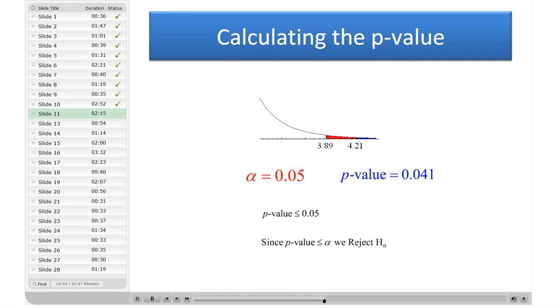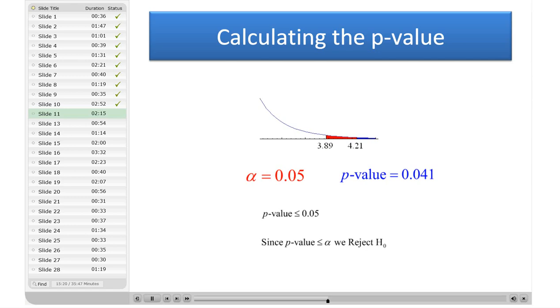Now, since that entire area to the right of 3.89 is 0.05, and since the blue area is contained within that, well, then we know that the p-value here is less than or equal to 0.05. Keep in mind that since our p-value is less than or equal to our alpha value, we are going to reject the null hypothesis here, which agrees with the conclusion that we reached on the previous slide.